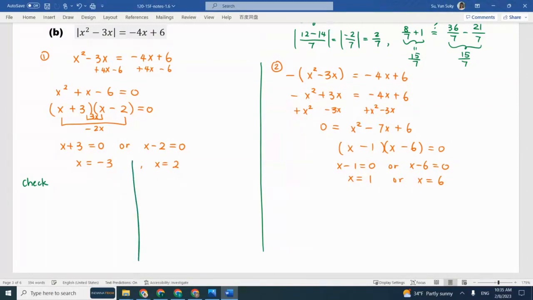Check. Okay. For x equals negative 3, we plug in. So we get what? Negative 3 squared minus 3 times negative 3. And is it equal to negative 4 times negative 3, and then plus 6?